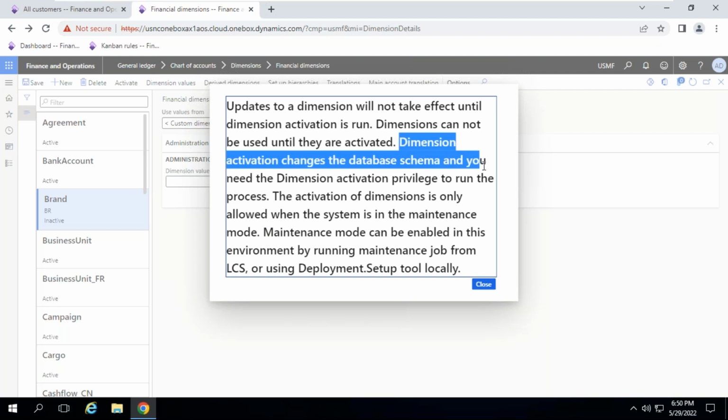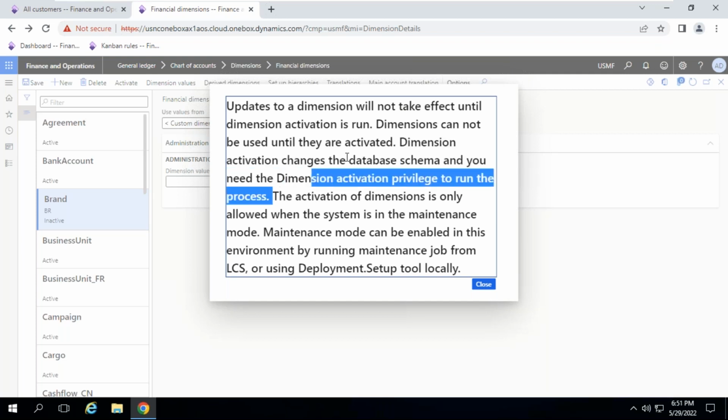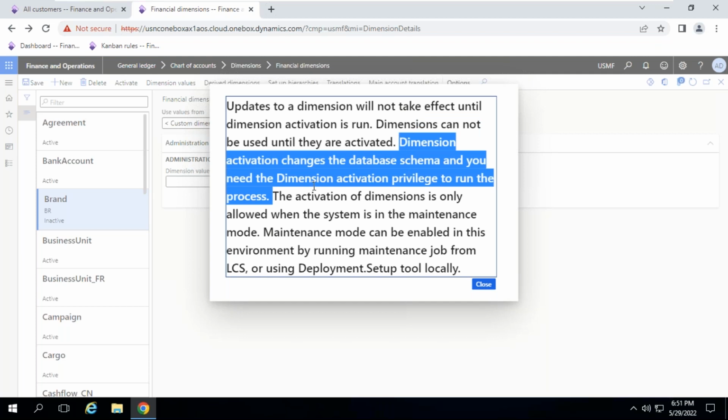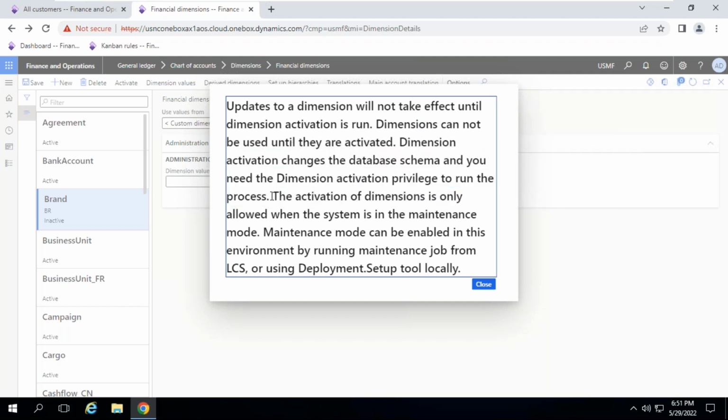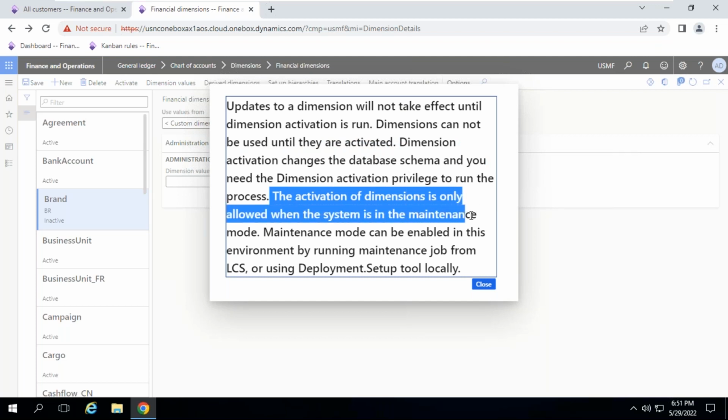Dimension activation changes the database schema, and you need the dimension activation privilege to run the process. The activation of the dimensions is only allowed when the system is in maintenance mode.